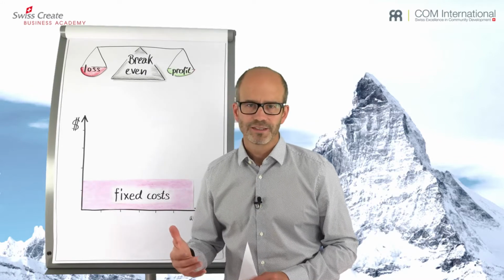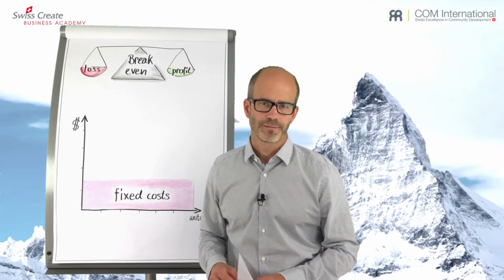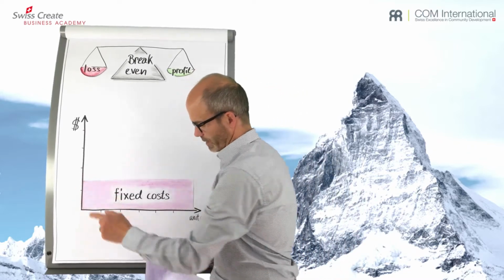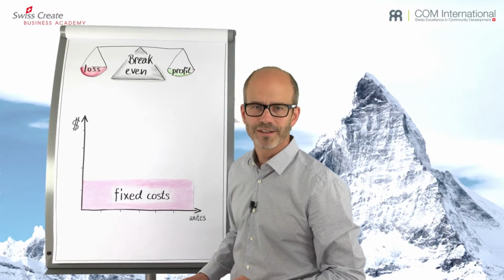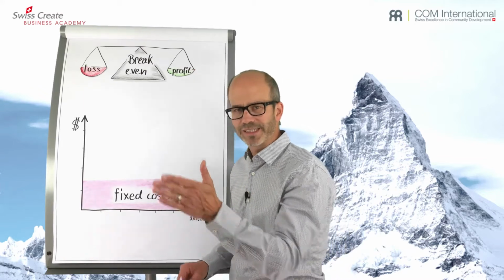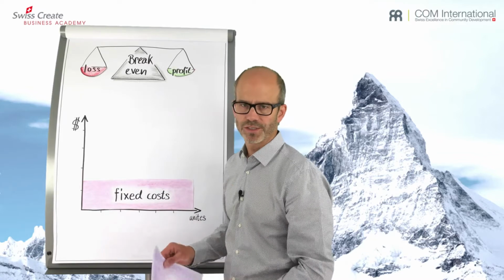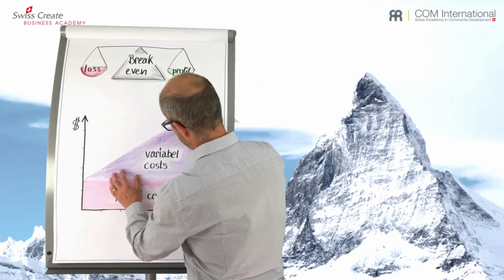If I'm calling, I have costs. If I'm not calling, I don't have costs. And if I'm producing not one product, how many costs do I have? Zero costs, yes. And every piece I produce more, I have more costs. So it's this kind of line.